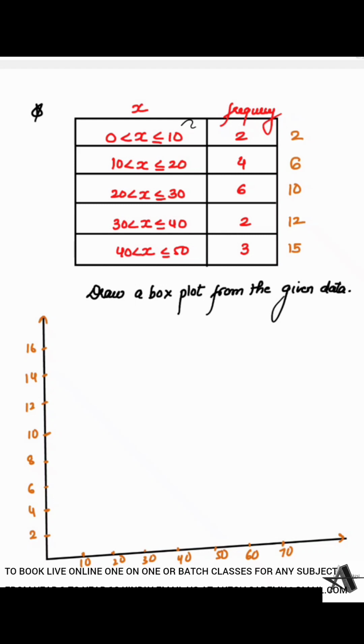Here, the highest value is 10 and the frequency is 2. So 10 at 2, 20 at 6, 30 at 10, 40 at 12, and 50 at 15. Now join them together.